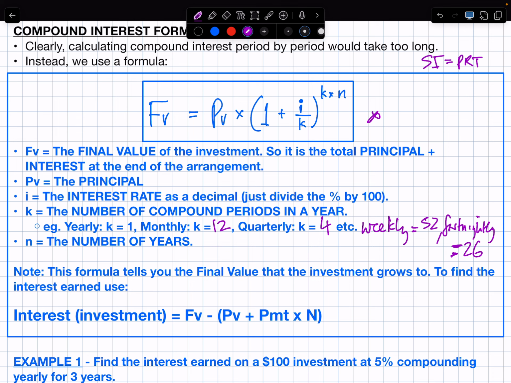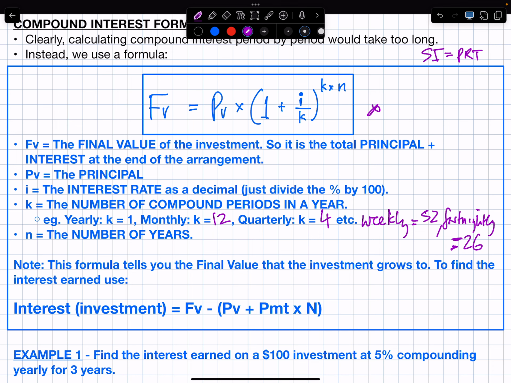Lastly, n is the number of years. So this is the formula down here. I'll explain to you, not in book. Please note that this formula I've given you, FV equals PV, etc., tells you the final value that the investment grows to.